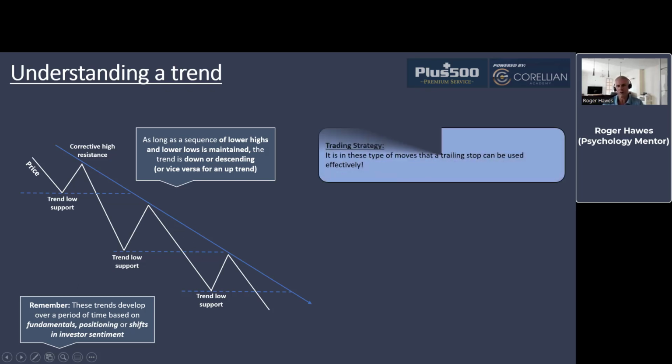So we get this series of lower highs that we could effectively call a nice corrective high resistance. And it's that line in particular that we're going to use for our trailing stops. We can relate it clearly to our charts, and that's going to be very, very useful in the utilization of this order type.